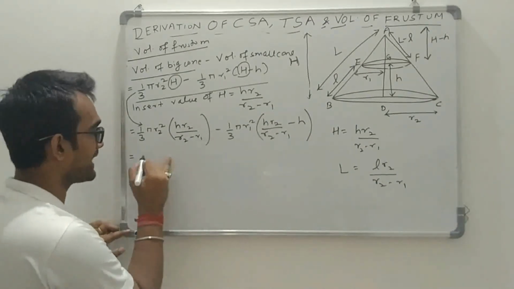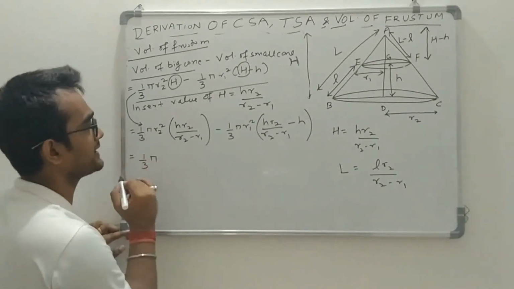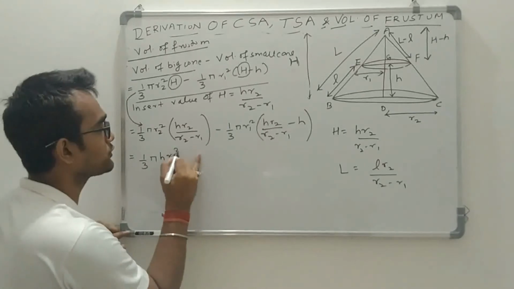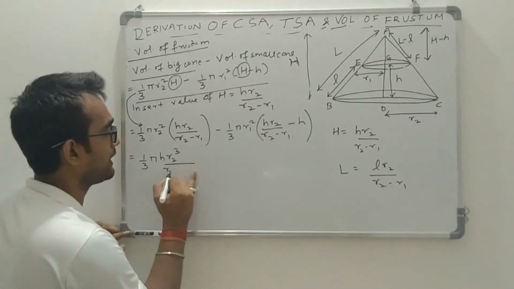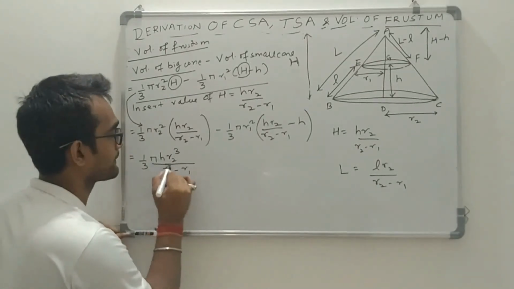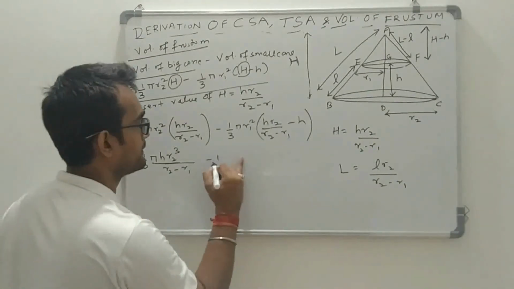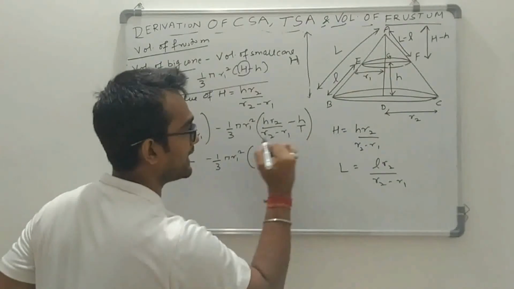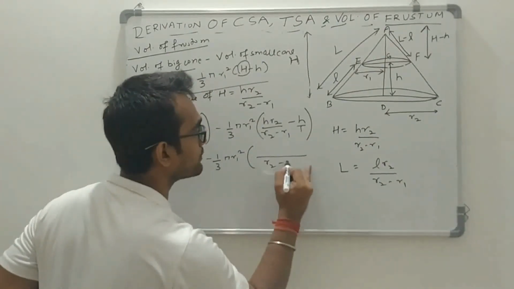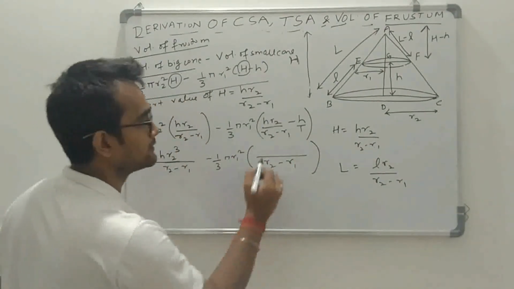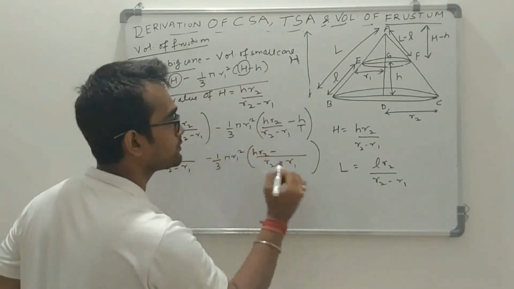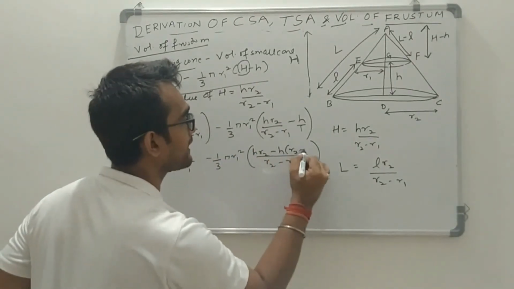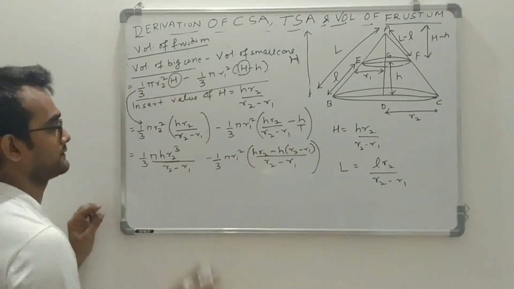Now I will open the bracket. It will be 1 by 3 pi h r2 cube upon r2 minus r1. Here first I will solve the bracket. The LCM will be r2 minus r1, so it will be hr2 minus h in bracket r2 minus r1.